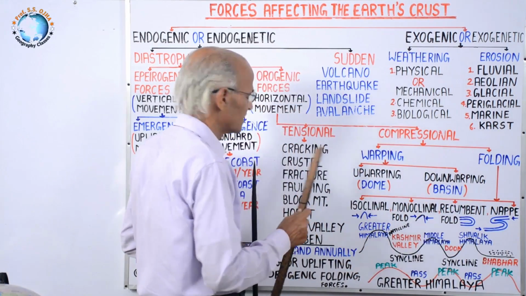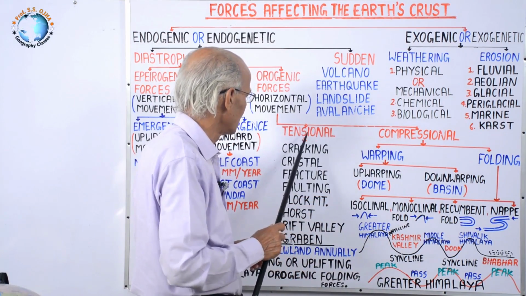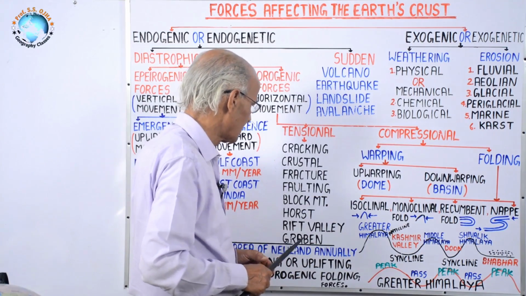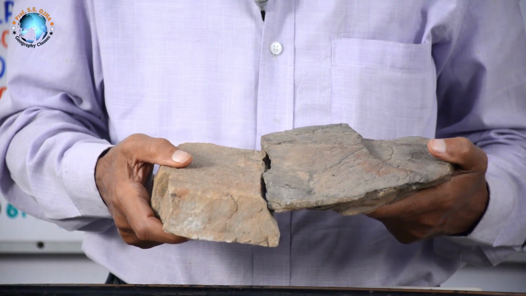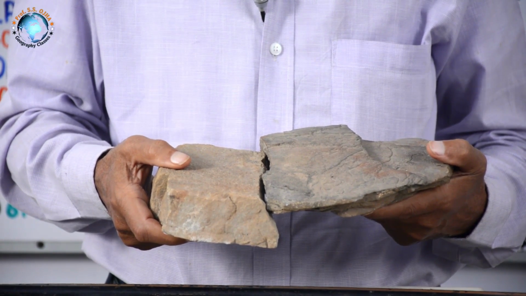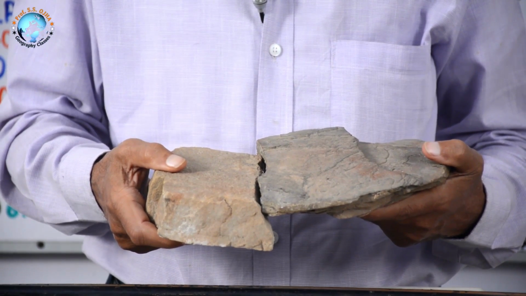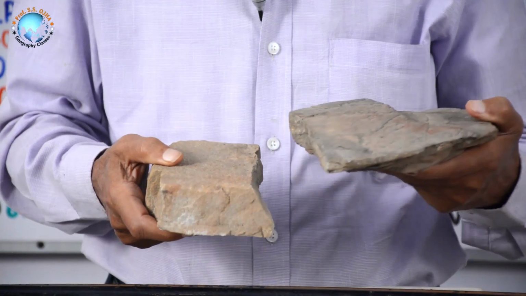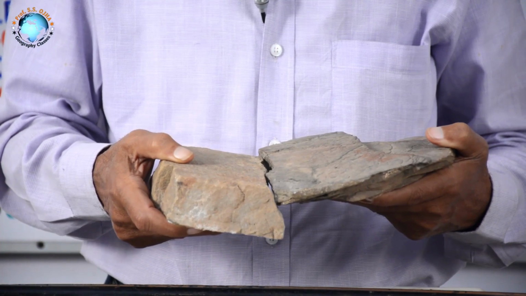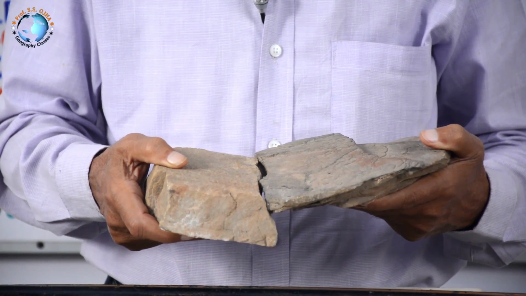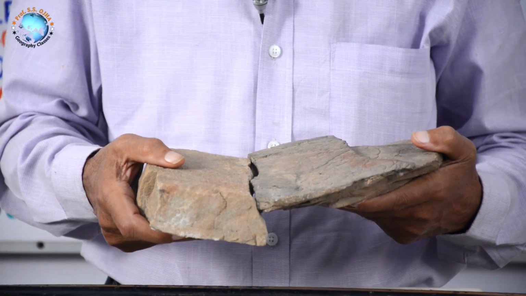Now let us try to understand what is tensional force, how it works, and how many landforms are developed. Tension is also seen in society, in family. Suppose this one part is father and this part is son. Between the son and father, there may be tension on some point.